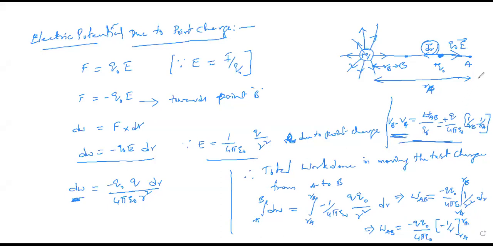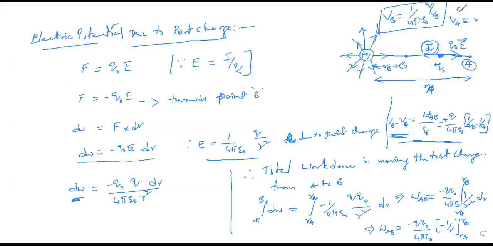Now suppose this point A is at infinity, then what happens? The potential VA will be equal to 0. Then the final expression will become VB is equal to 1 by 4 pi epsilon naught into Q by RB. This is the electric potential due to a point charge.